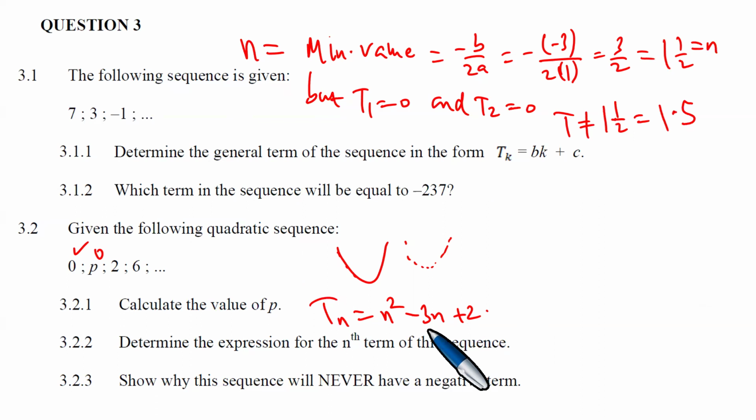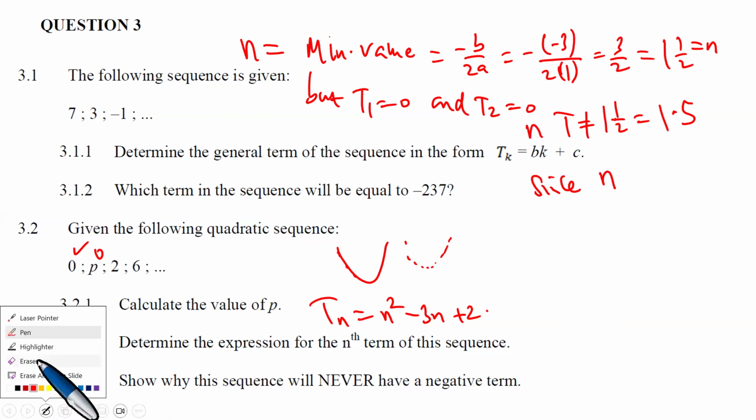T is not equal to 1.5. Why? Since n is not equal to 1.5. Let's put it that way, just call it n.